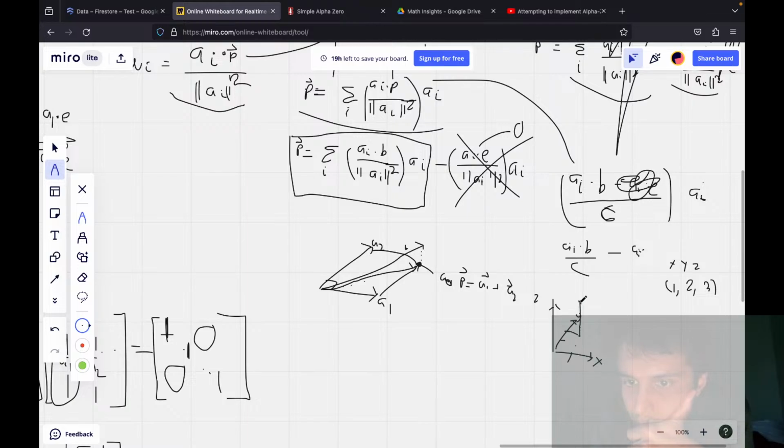If we draw a line from here to here, that will give us this point 1, 2, 3, which is our B. It's the tip of the arrow of B, the head from here to here.